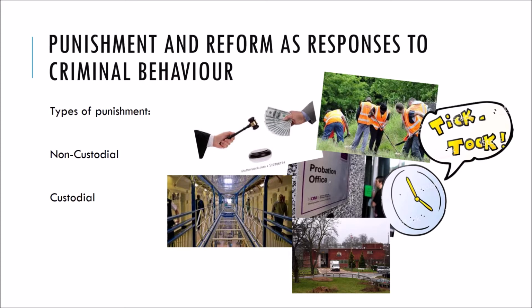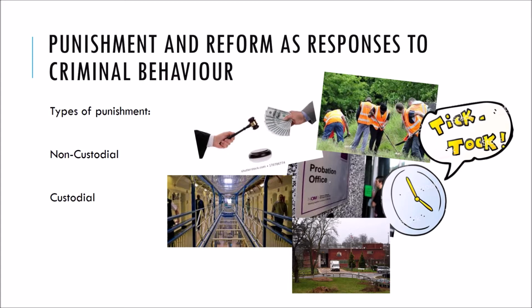And finally, sometimes even if you are guilty of a crime, you can be given a suspended sentence or a conditional discharge. That essentially means that you're not going to prison, so it's non-custodial, but no more action is going to be taken unless you commit another criminal offence.